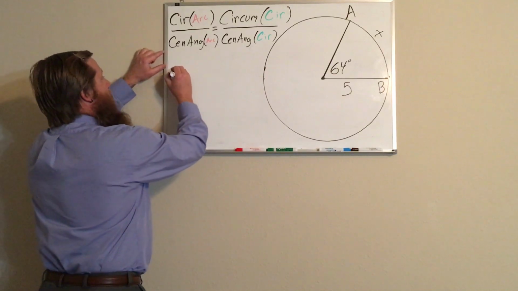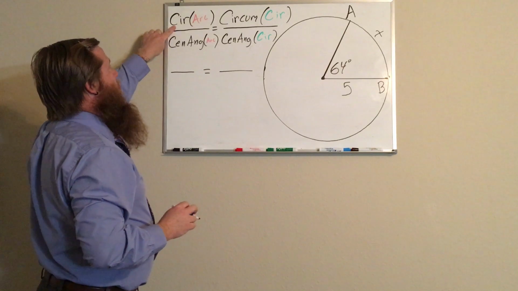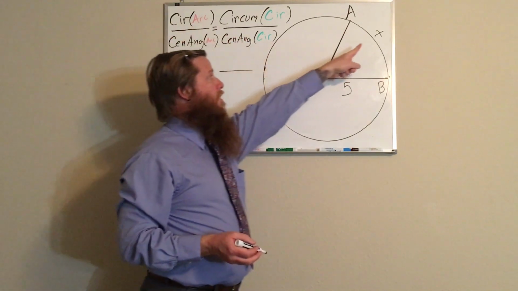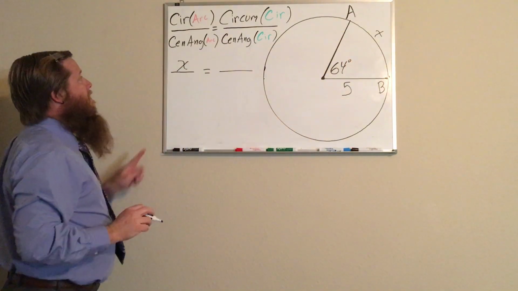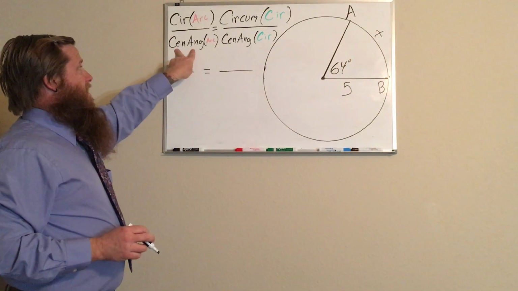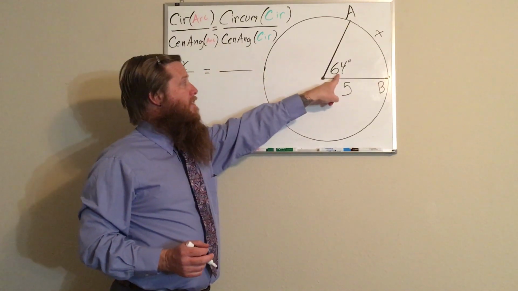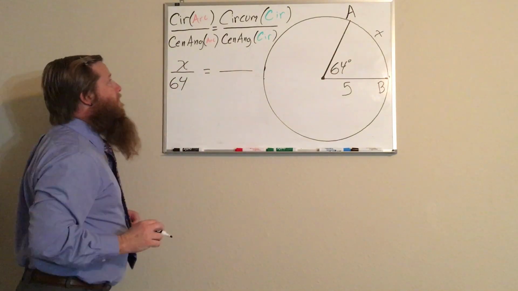So we're going to start by using substitution. The first thing we want is the circumference of the arc, or the distance of the arc. We don't know that distance, so we call it x. The next thing we want is the central angle of the arc. Well, that's given to us right here. That's the central angle of the arc, 64 degrees.